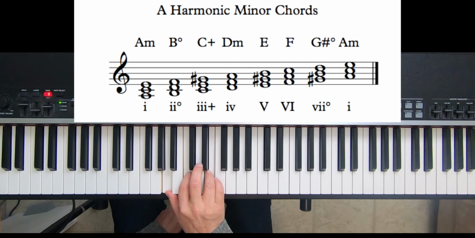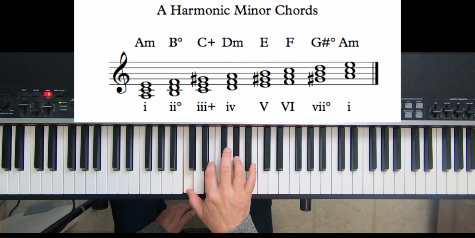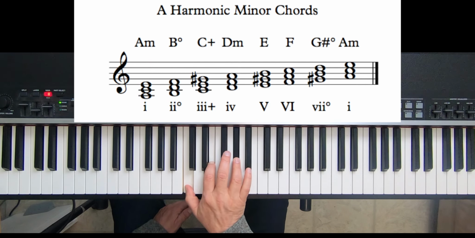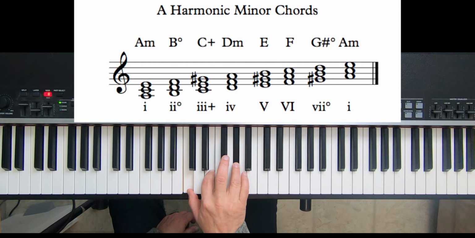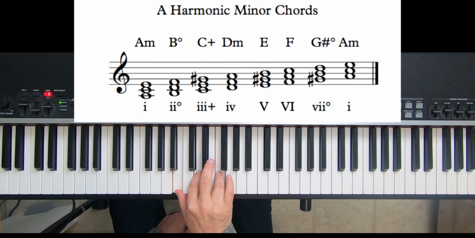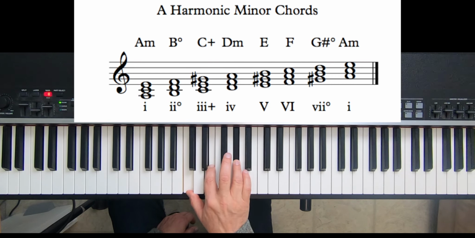So we're going A minor, B diminished, C augmented. And so that would be written lowercase Roman numeral 3 with a plus sign, or you can write A-U-G after it. So we have A minor, B diminished, C augmented.